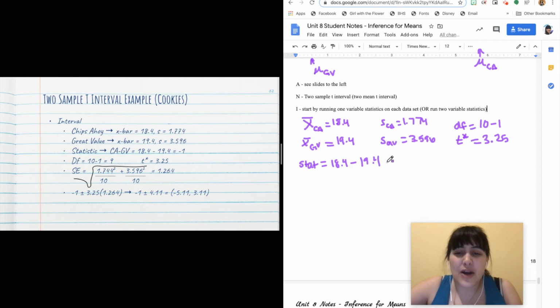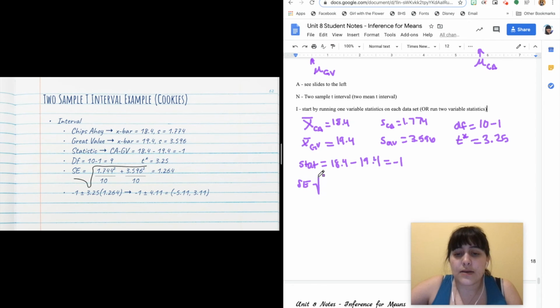It doesn't matter what order you do these in, because you'll get a very similar interval either way. You just have to note what you're doing at the top. So 18.4 minus 19.4, and luckily for us, that works out to a nice whole number, and you get -1.